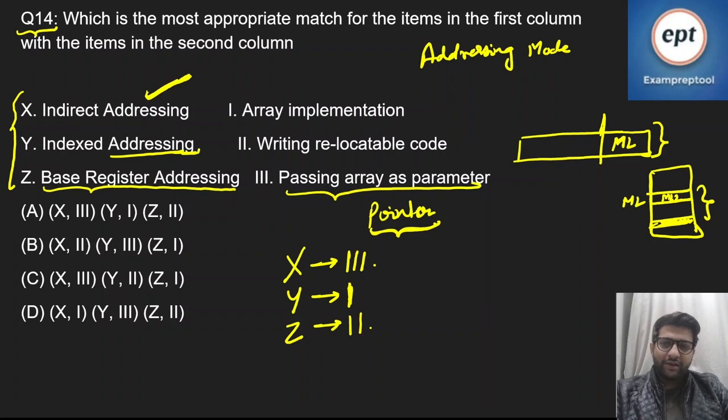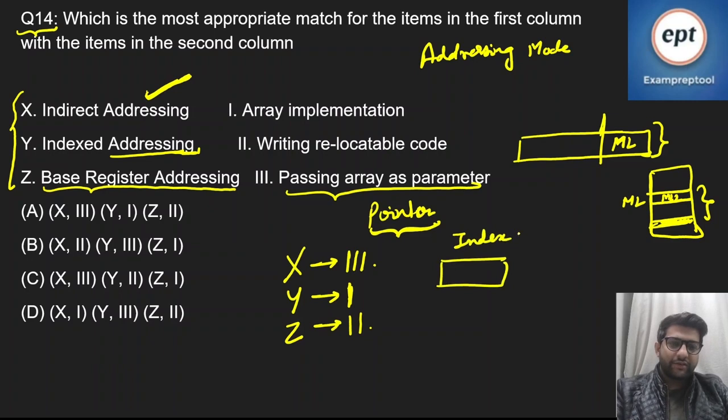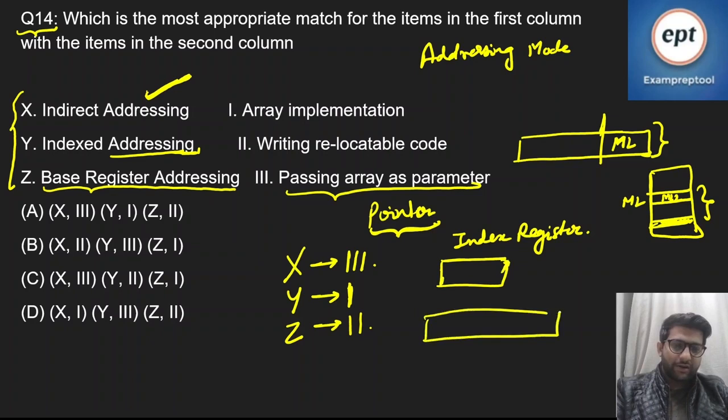So index addressing, what it does is that, let's say, we will have an index register, right? And if this is an instruction, we will have an opcode and the mode.